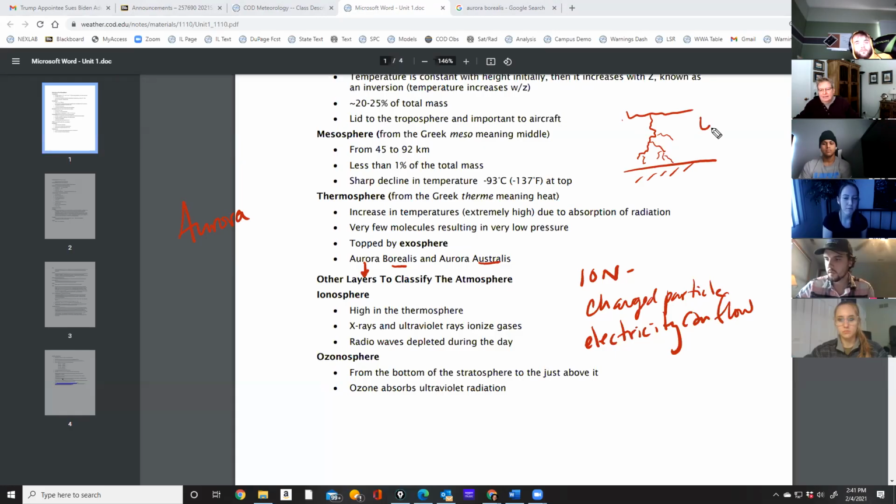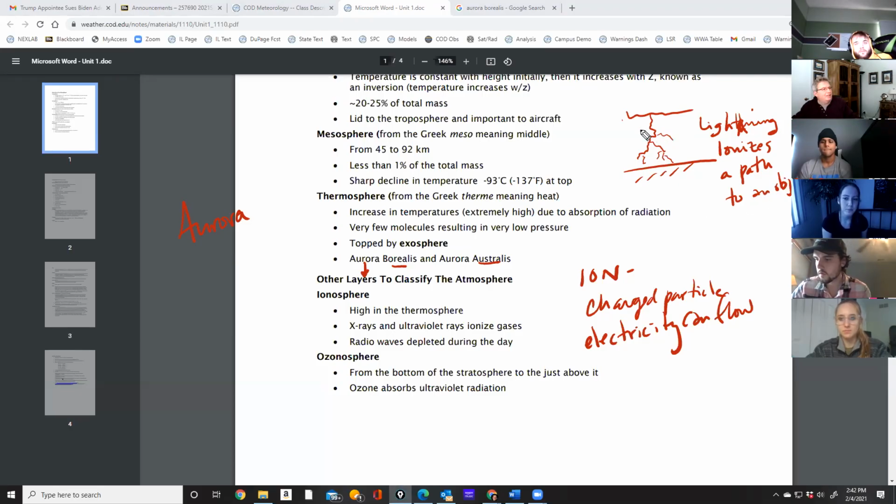The lightning, you better spell lightning correctly. There's no E in lightning. I'll fail you if you spell it wrong. The lightning ionizes a path to an object, the ground, for instance, a tree.